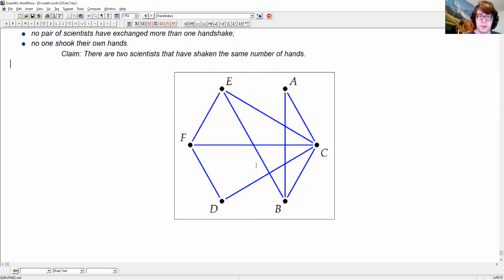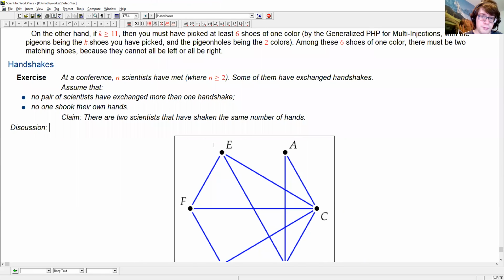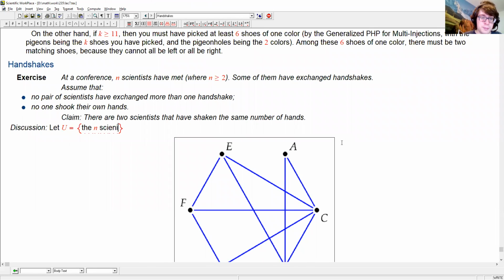All right, how do you solve it? So let U be the set of the n scientists, and V be this set. These 2 sets have the same size, namely n.